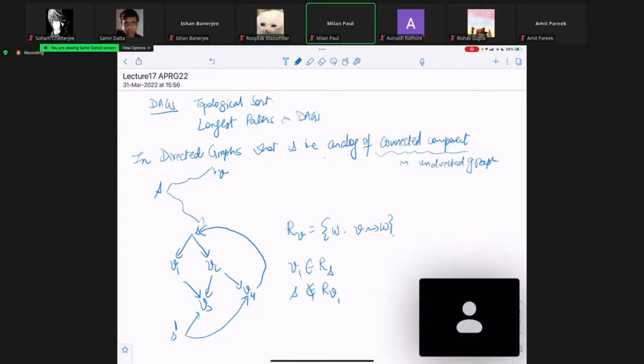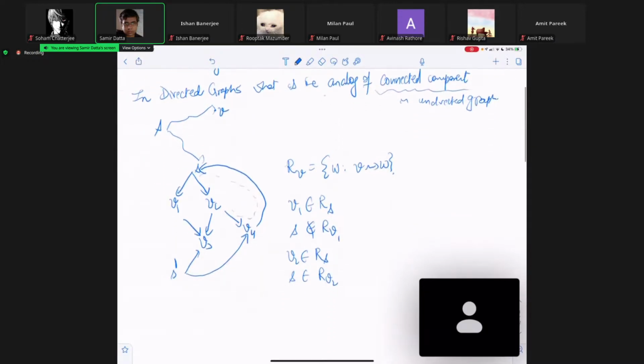Okay, but now look at V2. V2 belongs to R of S, because S can reach V2, and S belongs to R of V2, because V2 can reach S via this path.